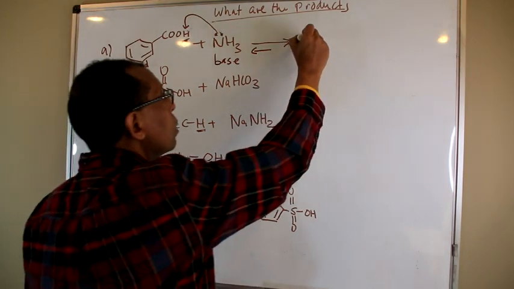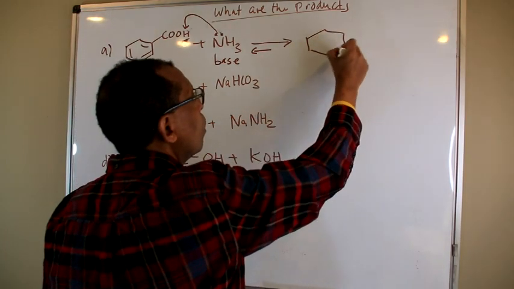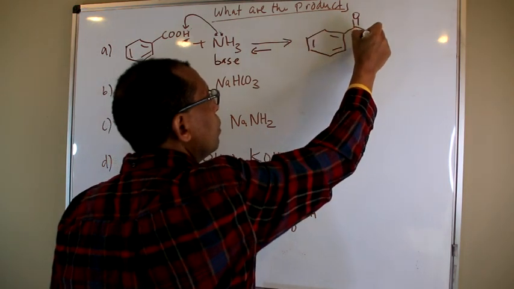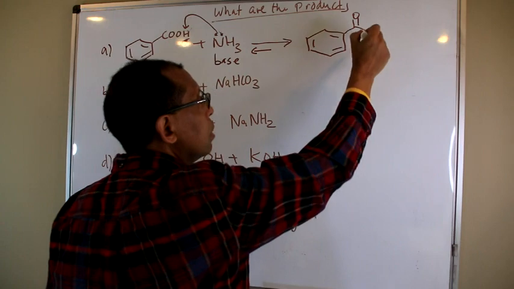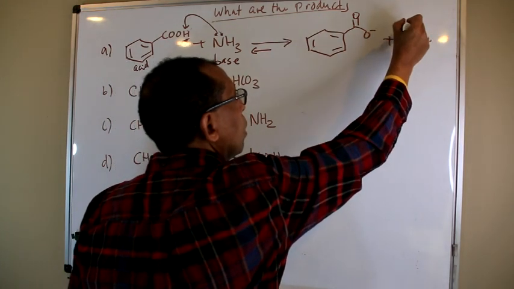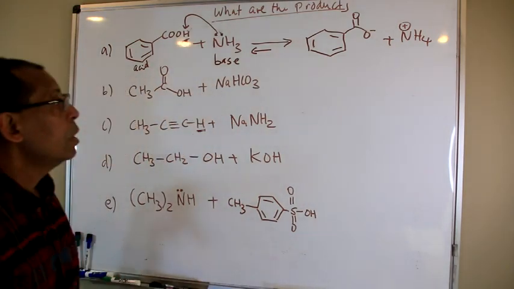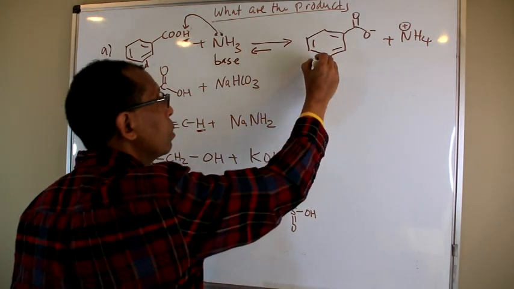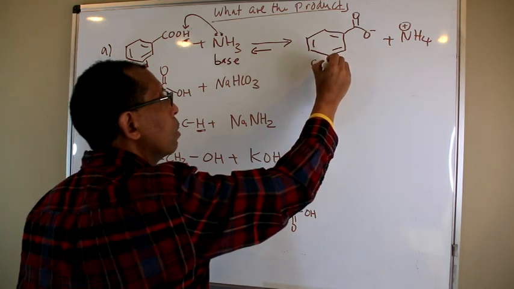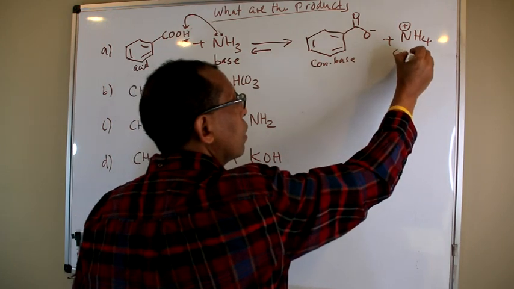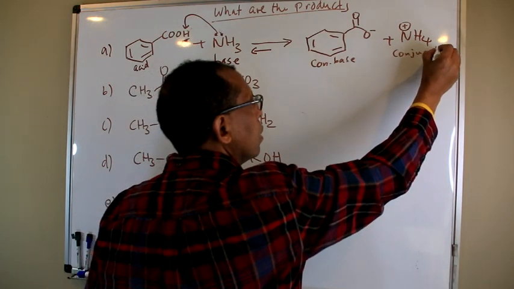Therefore, the product looks like one of the protons on the carboxylic acid is taken out, and you are forming NH4+. So if you just assign this would be the conjugate base, and this is the conjugate acid.